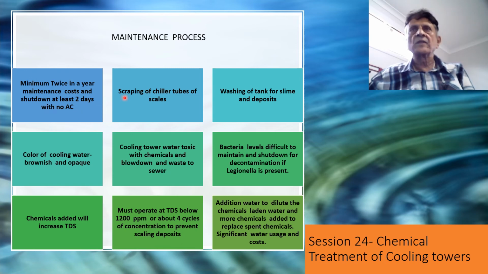You have to scrape the tubes of scales using iron pipes or iron brushes. You have to wash the tank of slime and deposits. You have to physically rub and remove the slimes and deposits. The color of cooling water will be brown to opaque.